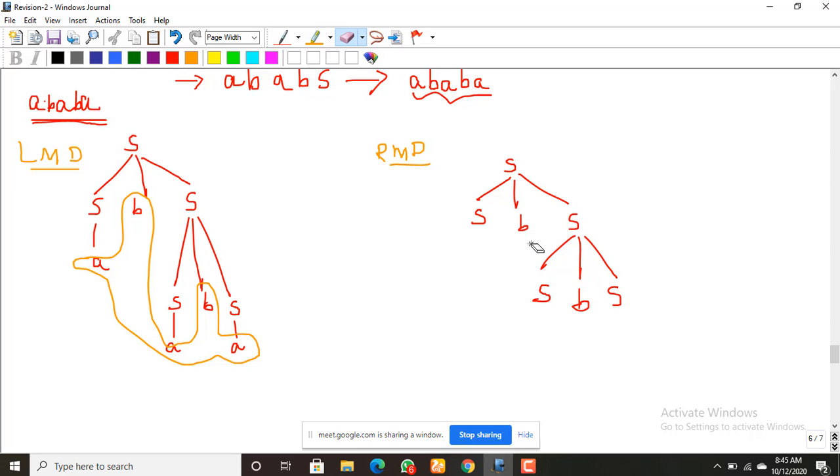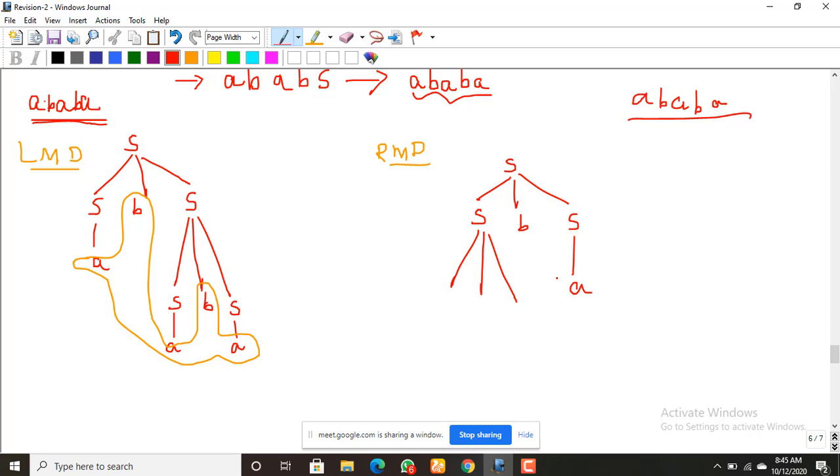I will choose so that we get A B A B A. This S is replaced by A. Then in the next step this S is replaced by S B S, and again this S is replaced by A. A B A B A.